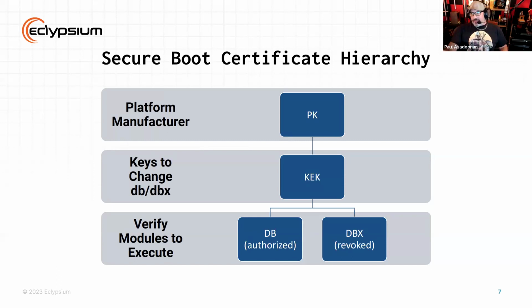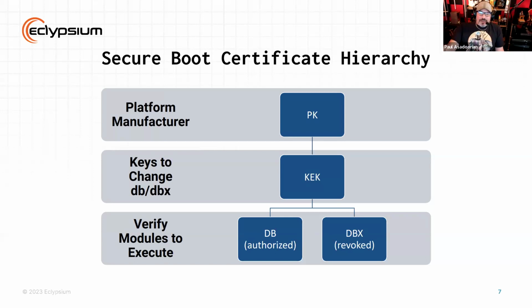And typically you only have one of those, although it depends on the entire build process, but that's the top level hierarchy typically provided by your OEM. The next level in Secure Boot is the key exchange key, and there can be multiple key exchange keys that allow suppliers in the supply chain to provide a key in order to validate software further down in the process.